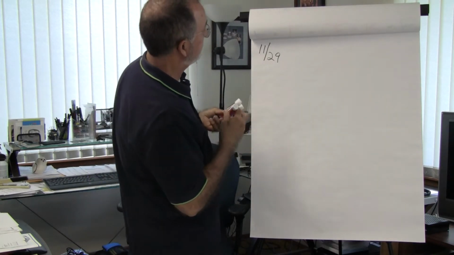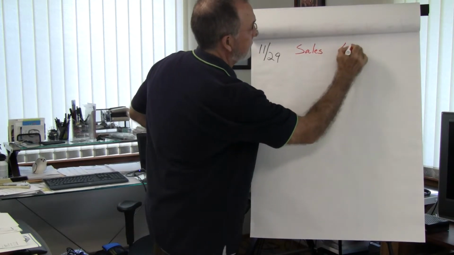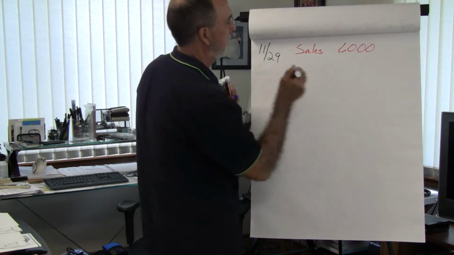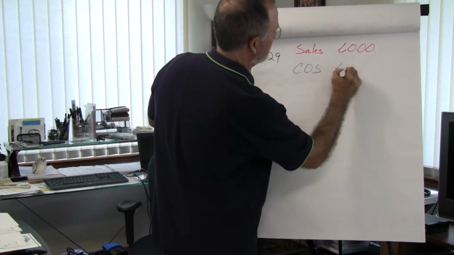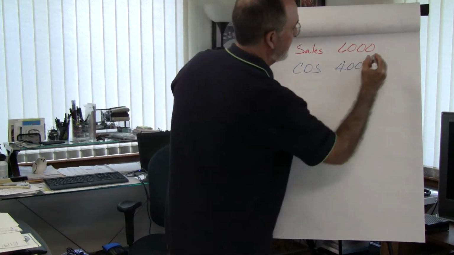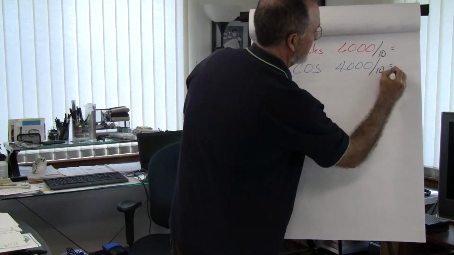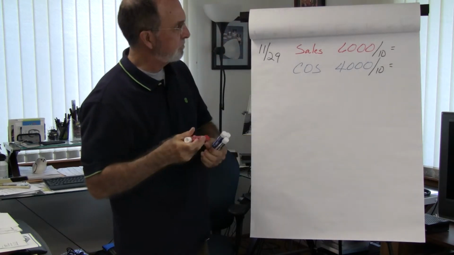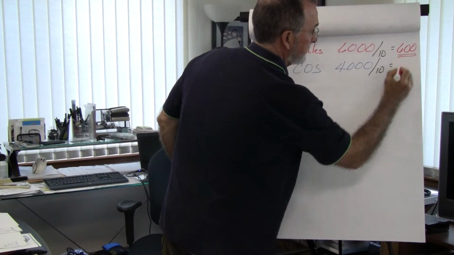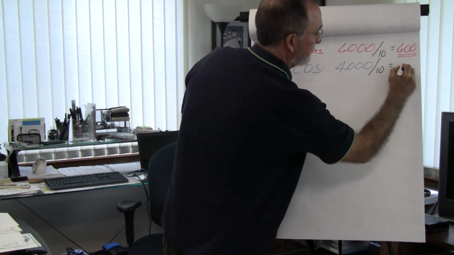And so let's just show that here. The sale amount was $6,000 and the cost of sale was $4,000. We sold 10 of those items, and so the selling price of one of those items was $600, and the cost of one of those items was $400.